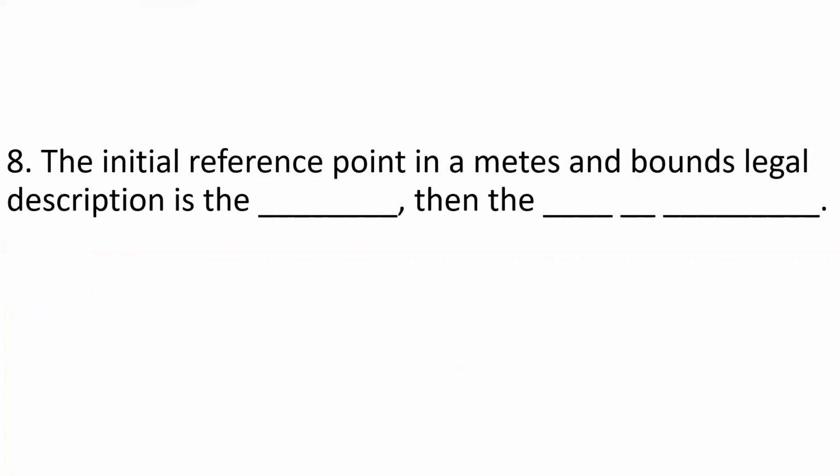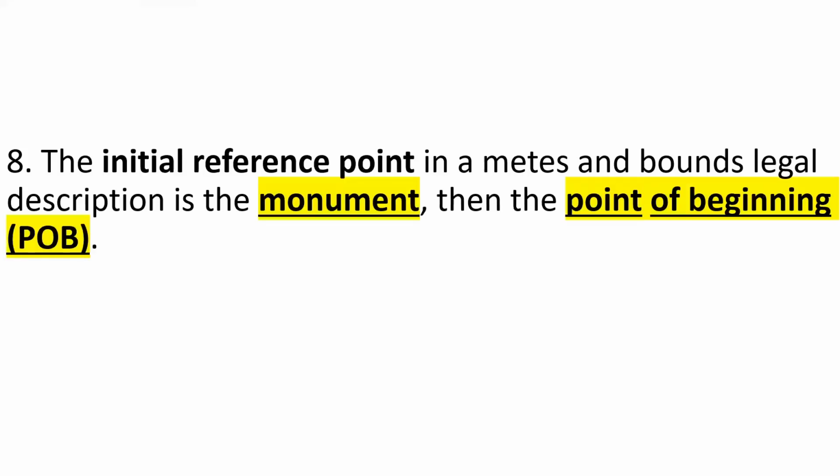Number 8, the initial reference point in the metes and bounds legal description is the blank, then the blank, blank, blank. Well, here, the initial reference point refers to the monument. If you can imagine, if a surveyor is surveying a piece of property, he or she must start at a beginning, a point of beginning.